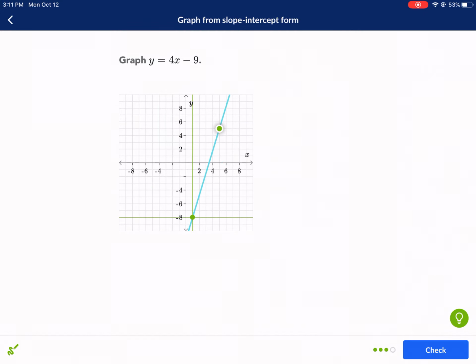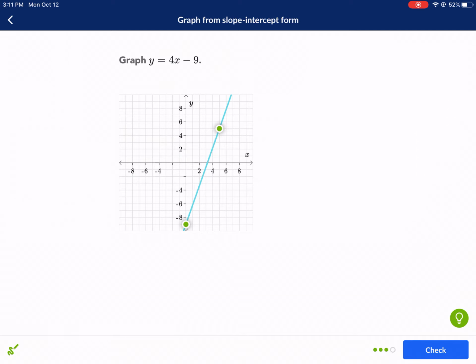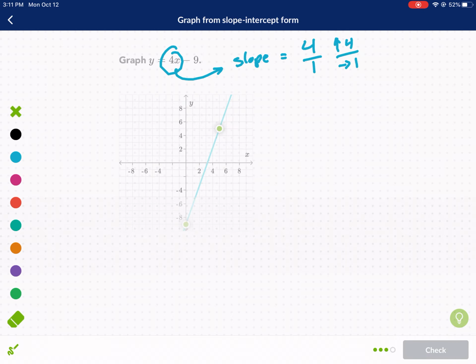So -9 again, and this time 4. Now, again, if it's not written in fraction form, change it so that it is in a fraction. So 4 over 1, it's both positive. So that means I'm going to be up 4 to the right 1. So go over here. I'm going to go up 4. Hold on, let me draw it in for you.